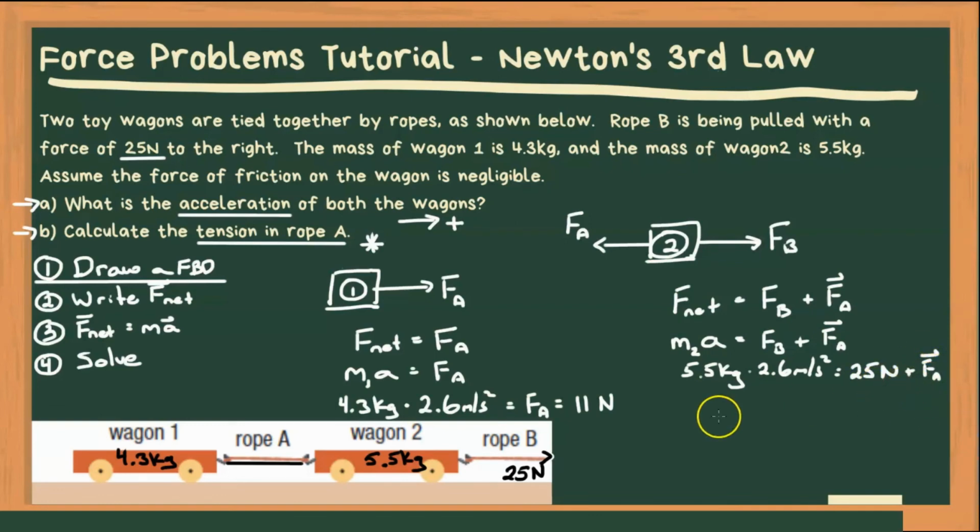So if I rearrange then, this gives us 14 newtons, and then subtract 25 from both sides. That's going to equal FA, which is minus 11 newtons. So that tells us that this force is to the left, hence the negative, and has a magnitude of 11 newtons, the exact same as if we were to calculate it from here.